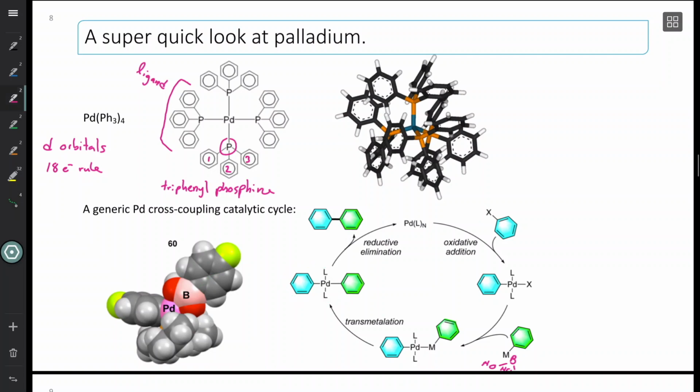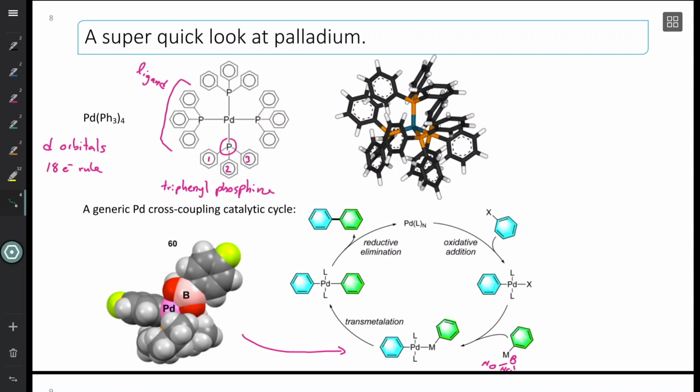So you can see how the palladium is just sandwiched there in the middle, bringing these 2 groups together to form that new carbon-carbon bond.